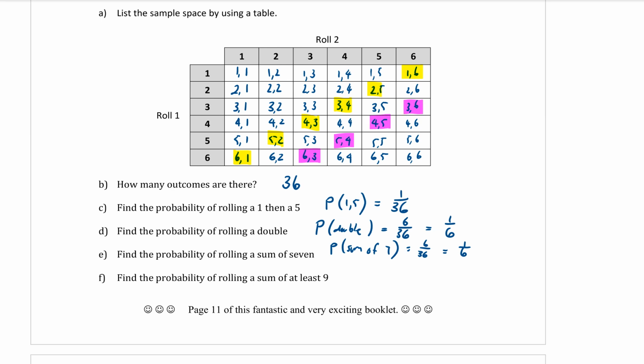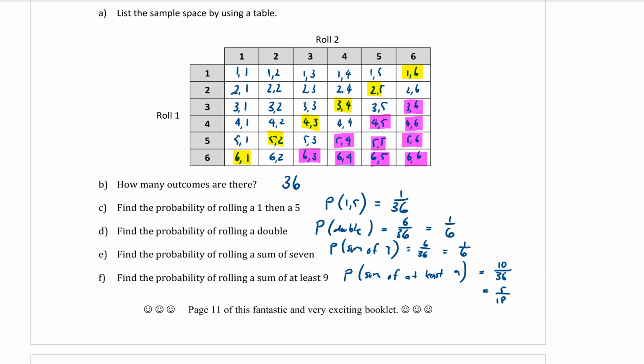So they make 9. 10s, 11s, and 12. Okay, so how many of those are there? 1, 2, 3, 4, 10. Excellent. So the probability of a sum of at least 9 is 10 out of 36, which is 5 out of 18.